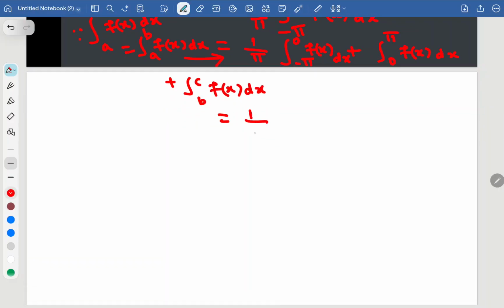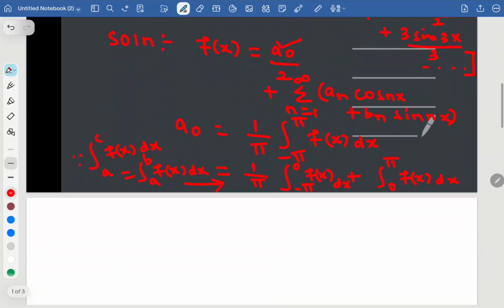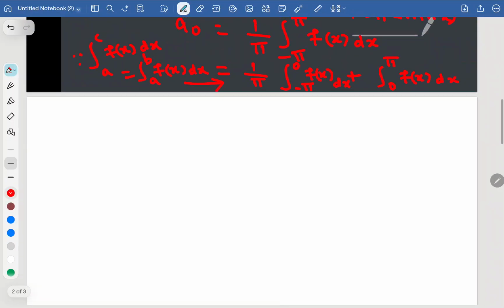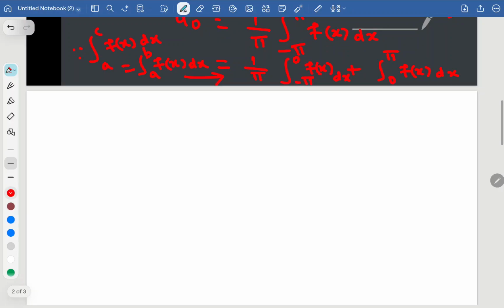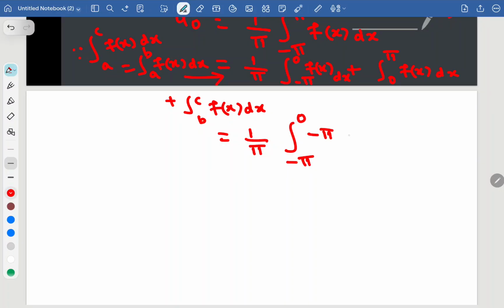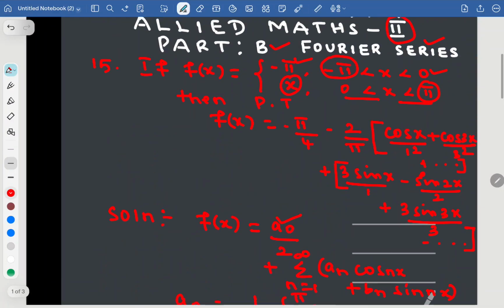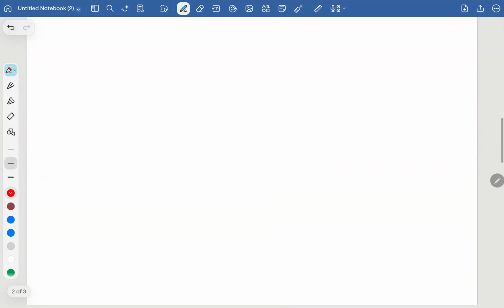I am using this result for this problem. Now 1 by pi integral minus pi to 0, the value is minus pi, so minus pi dx, plus integral 0 to pi, the value is x.